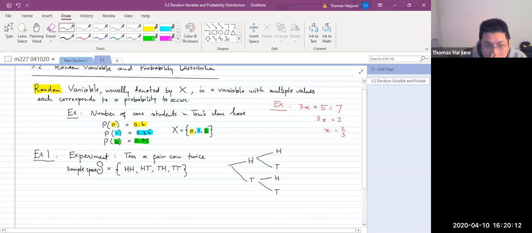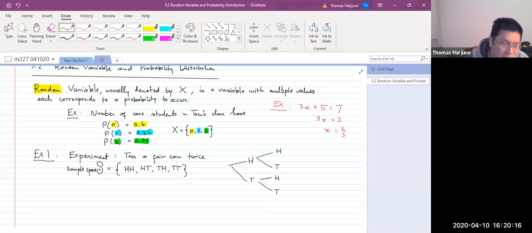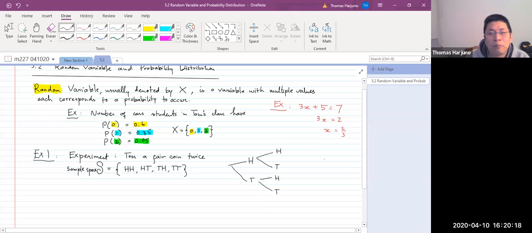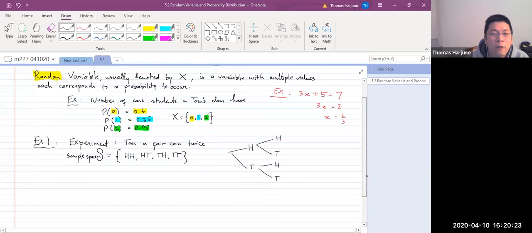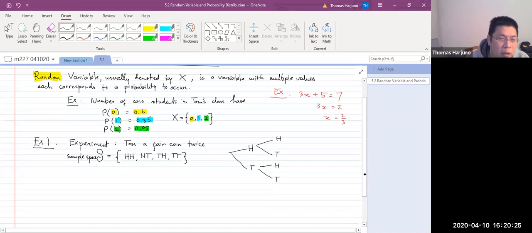Now, for each outcome in the sample space, there's a probability associated to it, right? But no, that's not a random variable yet. For each experiment, automatically we get the sample space, you can say. However, a random variable has to be defined after the experiment. What do you mean, Thomas?